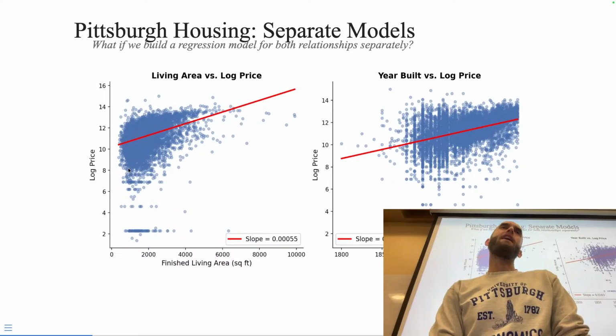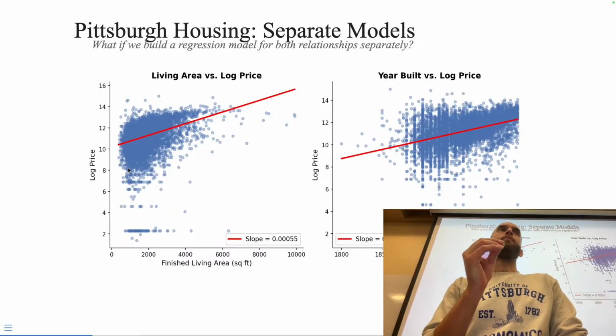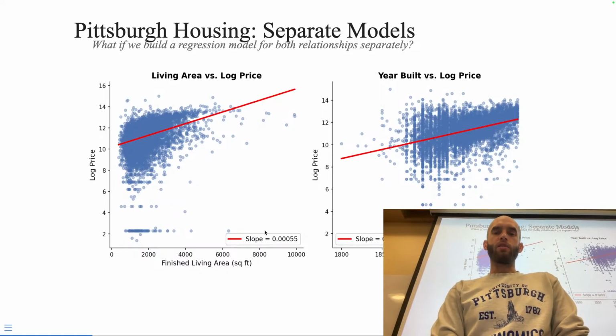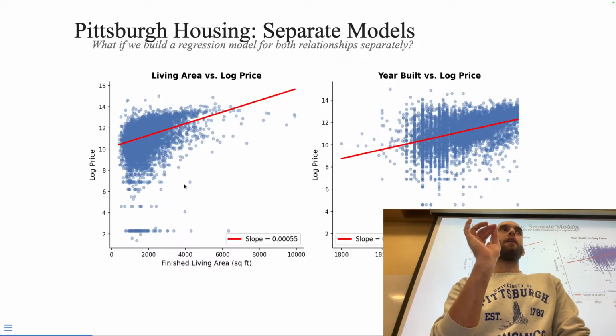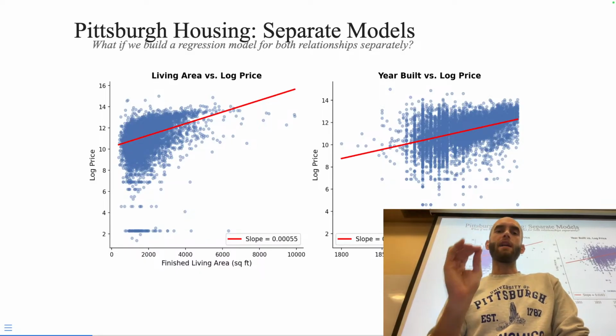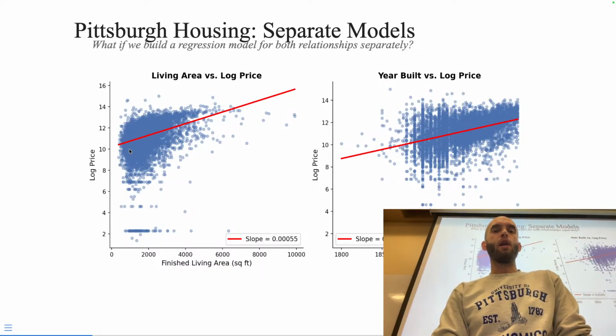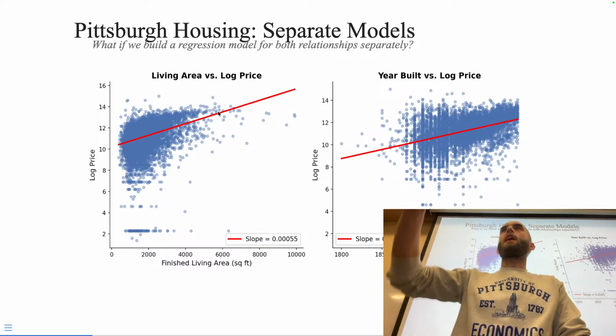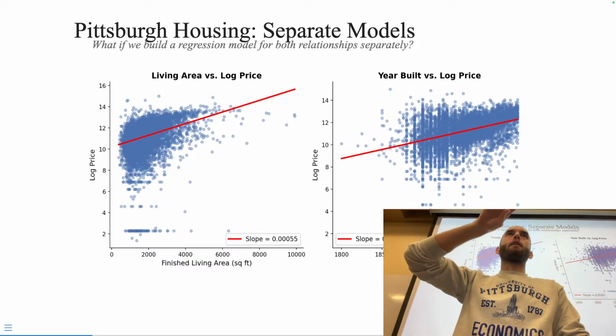I do see the possibility of a relationship, and as we'll see, the slope is going to be very significant. But my biggest concern is nonlinearity and heteroscedasticity. There's lots of variability for small finished living areas, where there's not as much variability for larger living areas. We're going to talk about how we deal with this problem a little bit later.